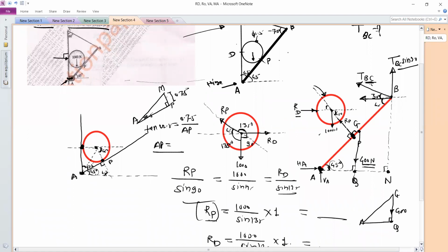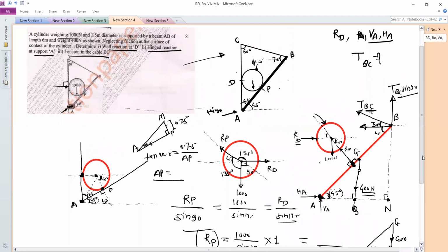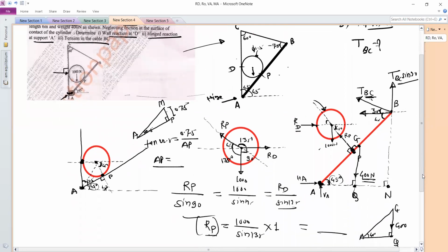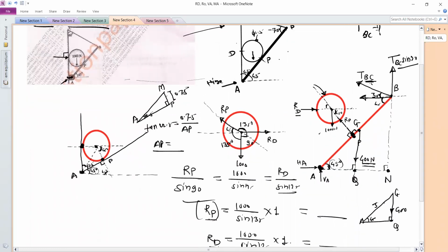So AQ is the perpendicular distance. This is 45 degree, and AG is equal to total AB, 6 meter, divided by two. So AG will be 3 meter. So it is 3 cos 45. Similarly, find out AN. So this is 6 cos 45. This is 6 sin 45.